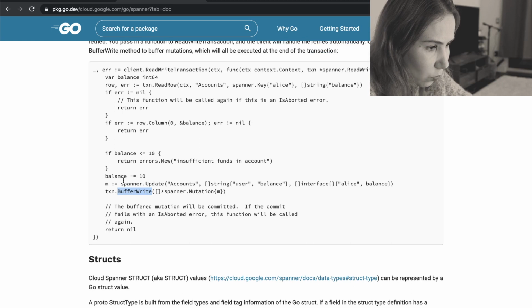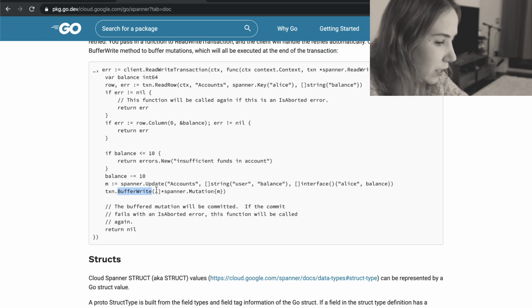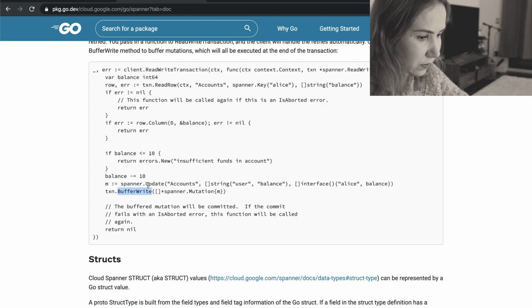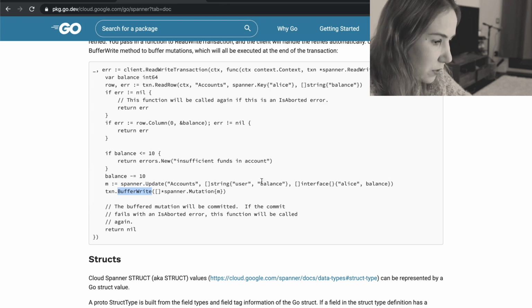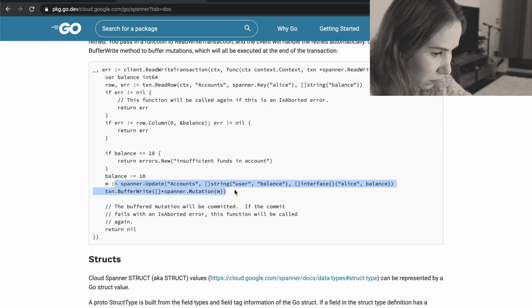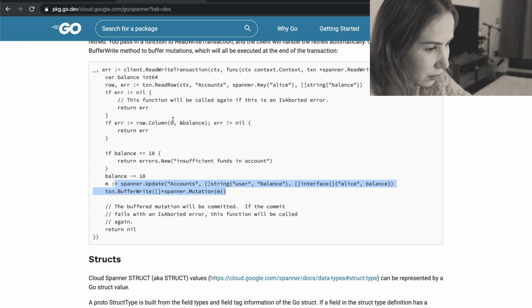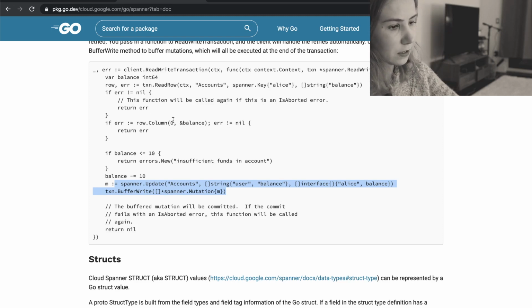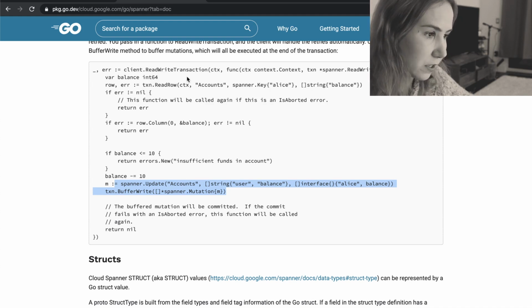And when this transaction is being committed, this buffered write is going to be written, and if it fails, the entire transaction fails. So if you do another read after this line, you won't be able to see the updated balance because this write hasn't been done yet. But after this transaction is completed, you can see the value from another transaction.